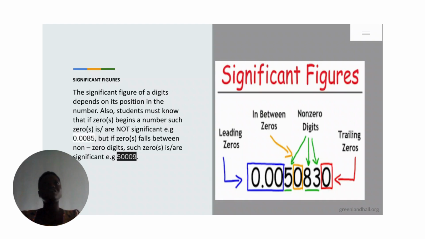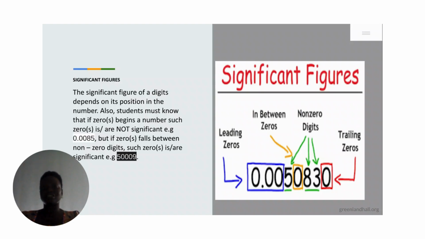Example, if we have 0.0085 and you are asked to take this to one significant figure, the zeros that come first are not part of it. The first significant figures will be 8 and 5. That's where we start. So that means one significant figure of 0.0085 is 0.009.